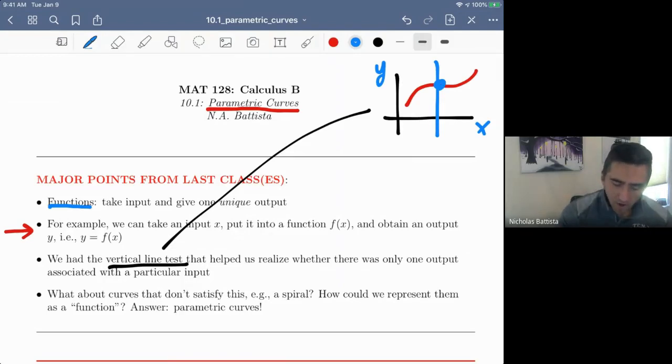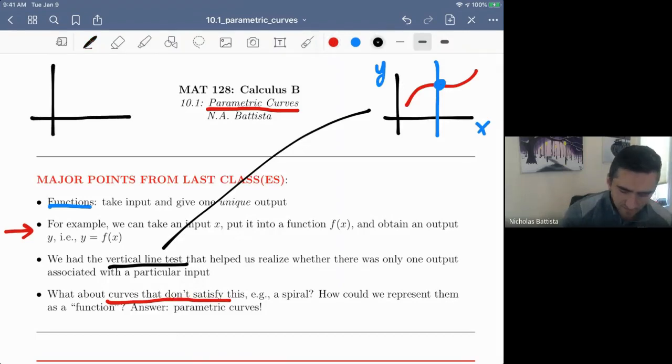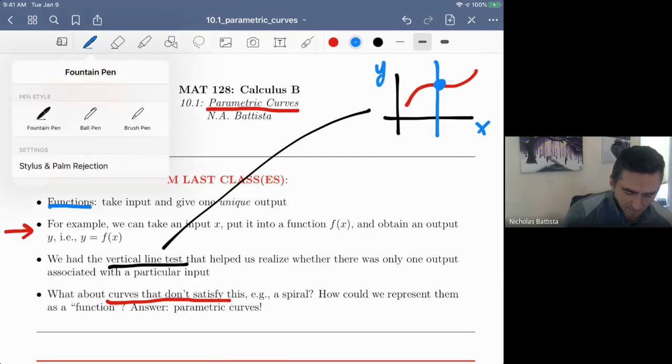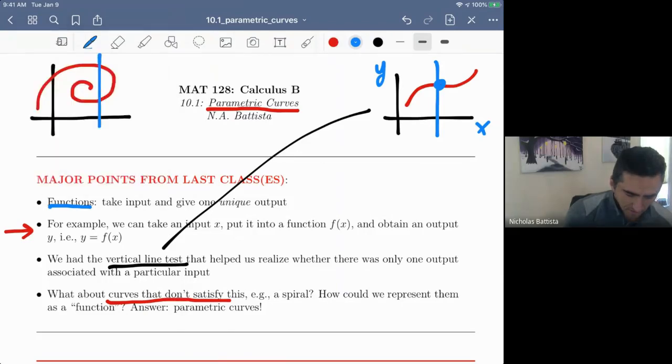And where we're going to go today is, what happens if we have curves that don't satisfy this? For example, what if we have something like a spiral? If we try the vertical line test on this spiral, for one particular x value, there are multiple y values associated with it.